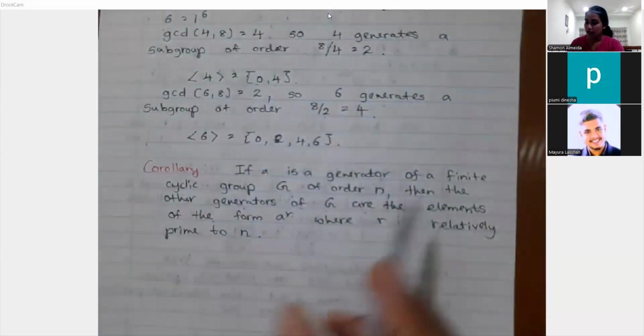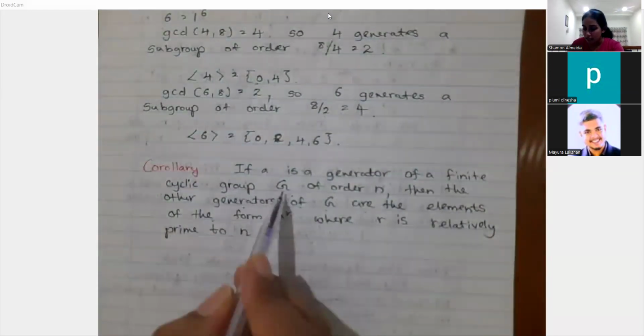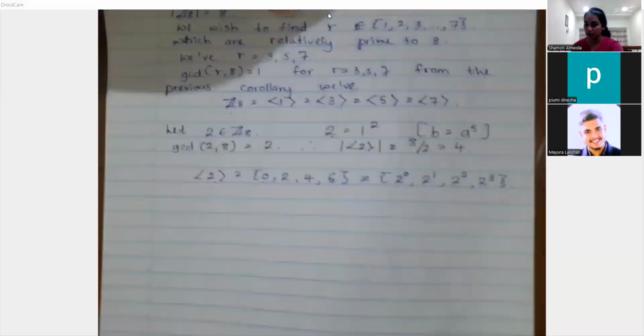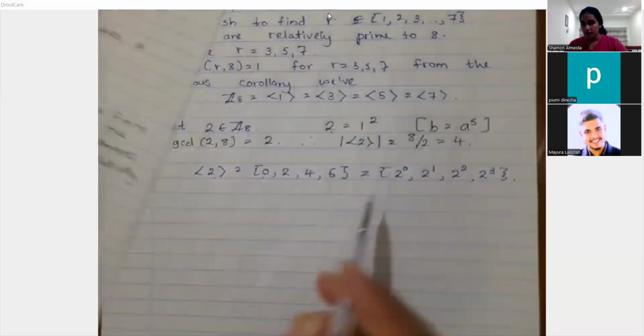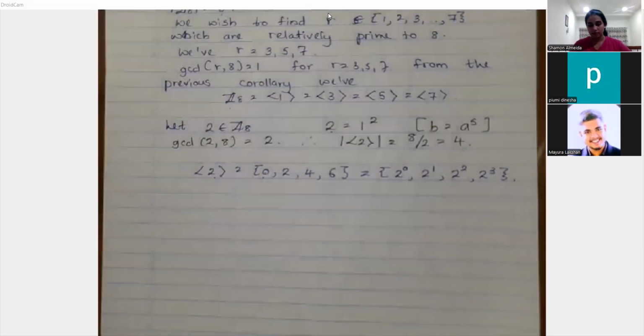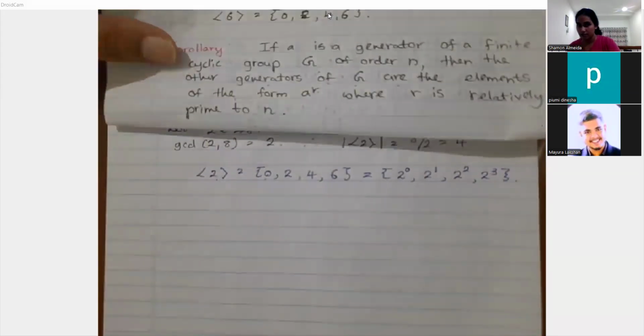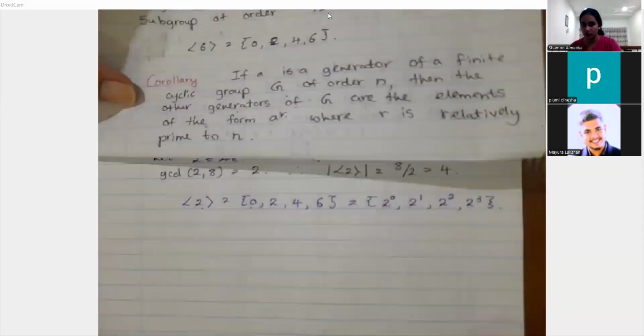Once again, going back to the corollary, now we are simply taking G to be this subgroup, right? Now, if you compare the two, right? You compare the two.